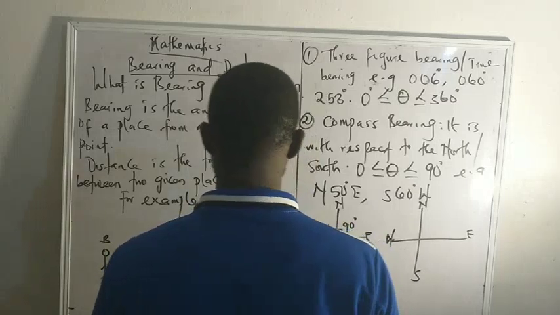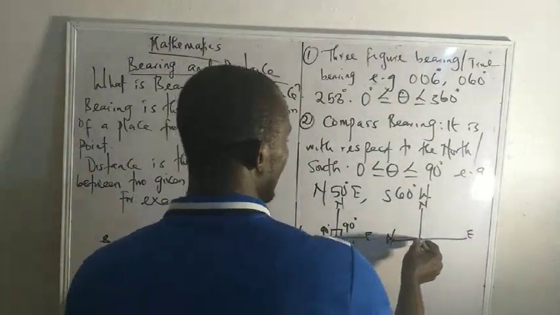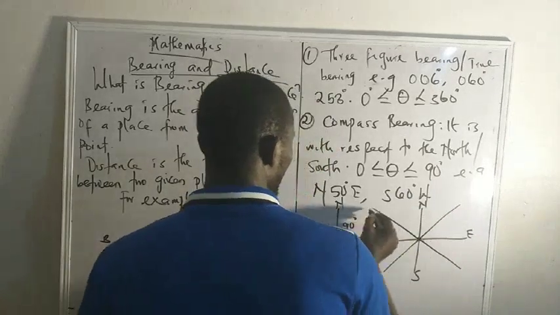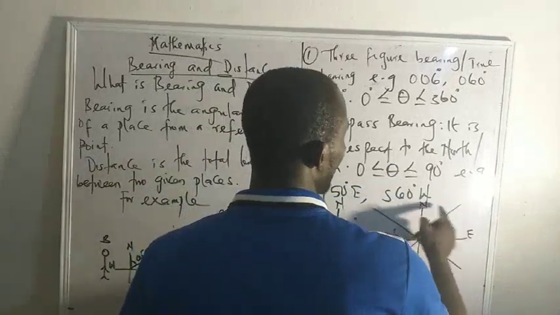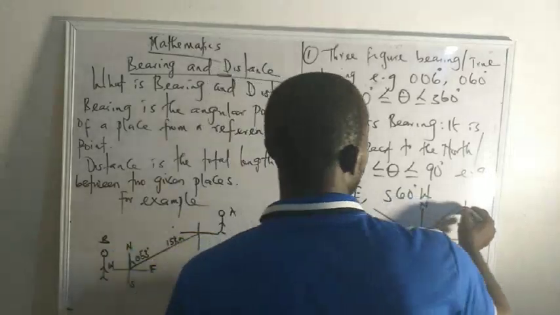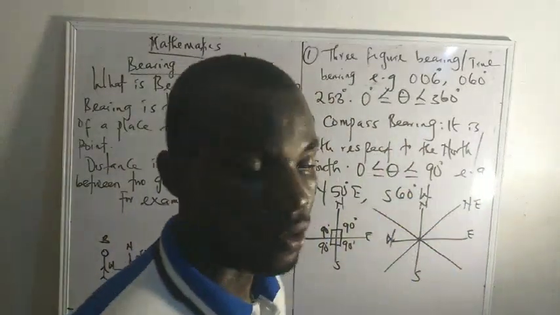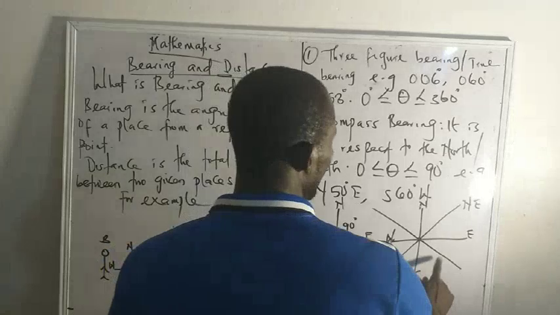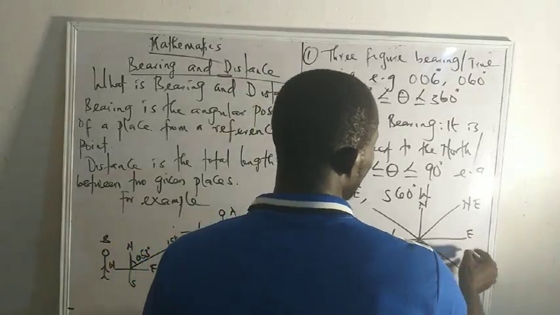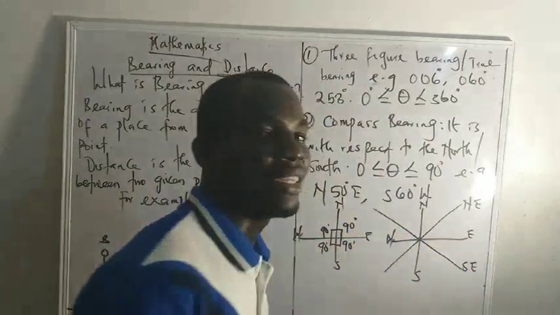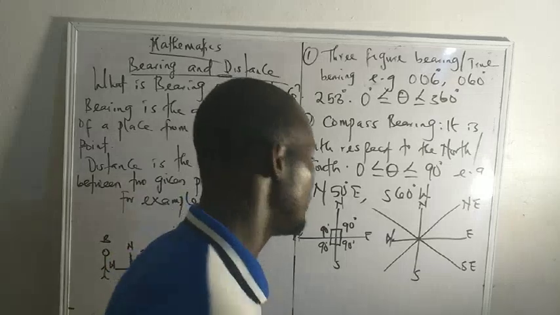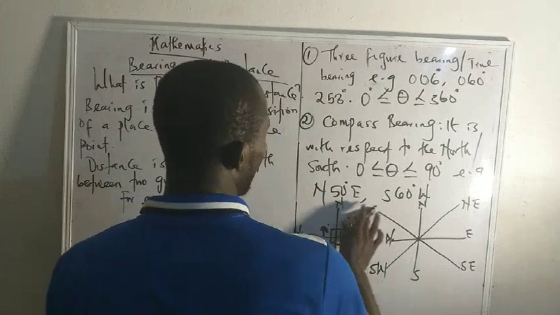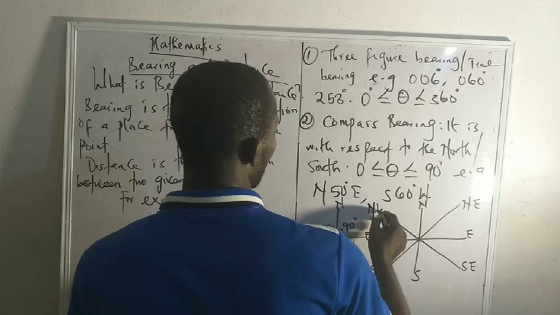So here we can have other directions apart from the north. This one now, since it falls between north and east, we call it the northeastern region. This first quadrant denotes the northeastern region. Now the fourth quadrant denotes the southeast region. And this one denotes the southwest region. And this last one will be the northwest region.